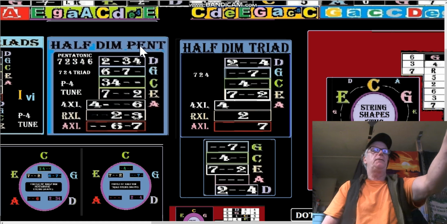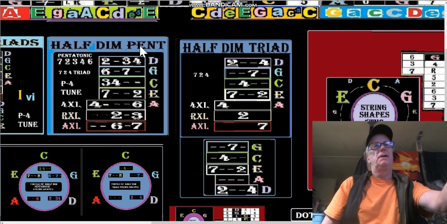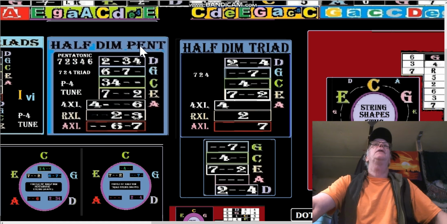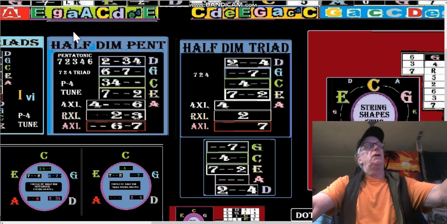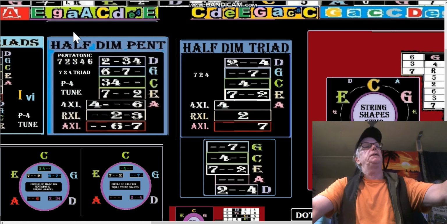And then we have D minor, and its relative minor is the B double minor, half diminished. So that's how we do that. That's why we play a raw pentatonic D minor on it, and we just start that from the B.